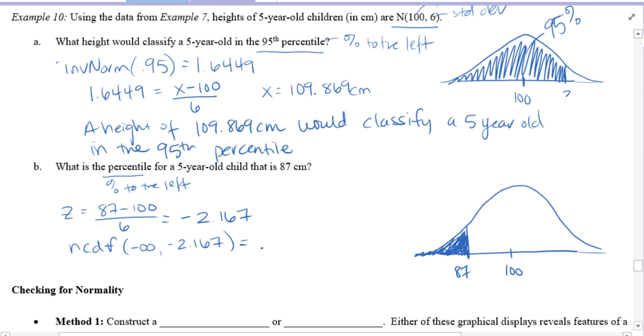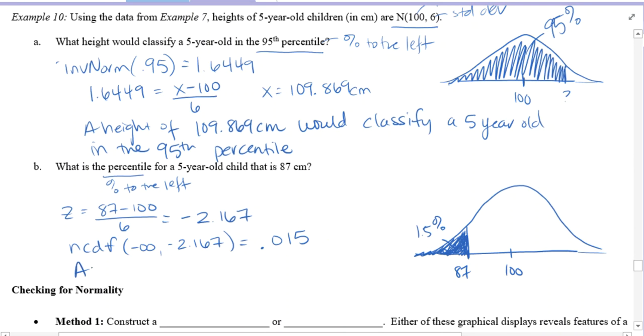Okay, so we should have 0.015. Okay, so that means, well, I guess my graph is drawn a little bit off. In percent, this is like 1.5%. So obviously I didn't quite draw that super well because it looks like more than that's shaded in. But this would be the 1.5th percentile.